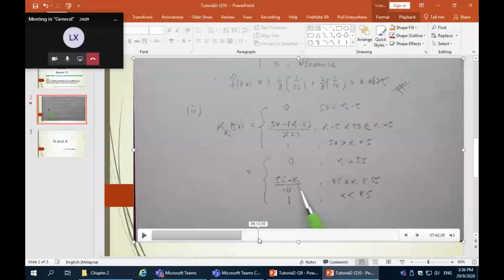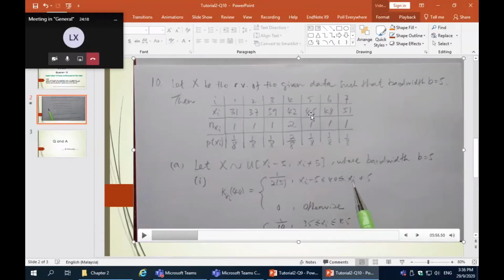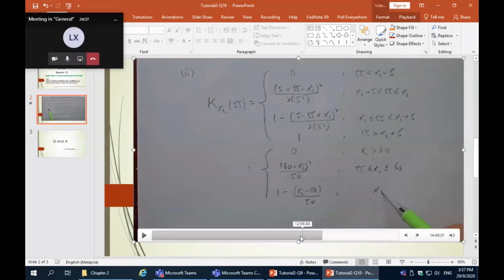So whatever is strictly less than 45, the k value is 1. If you look at our data here, strictly less than 45, we have 4 data that will give the k value 1, with the different probabilities there. That means we will take this probability, multiply by 1. The rest we will take 1 over this probability, multiply by the value from the calculation.